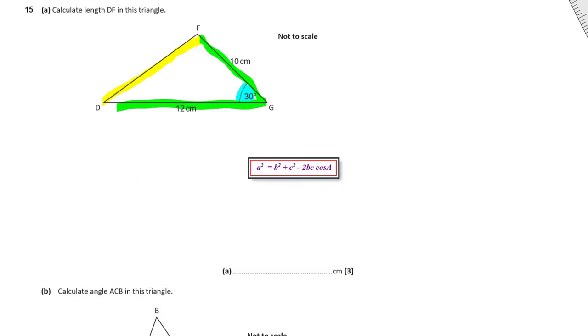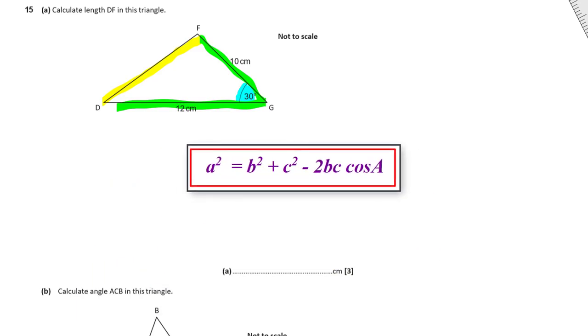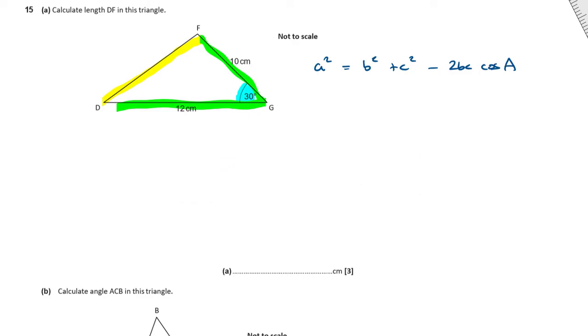Okay. Now the general form of the cosine rule is a squared equals b squared plus c squared minus 2bc cos a. Now I need to rewrite that in terms of my triangle here. So I've got D, F and G and not A, B and C, haven't I? So we normally label the sides the same letter, lowercase letter, as the opposite vertex.